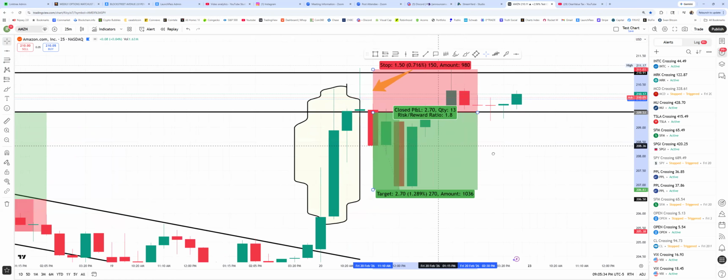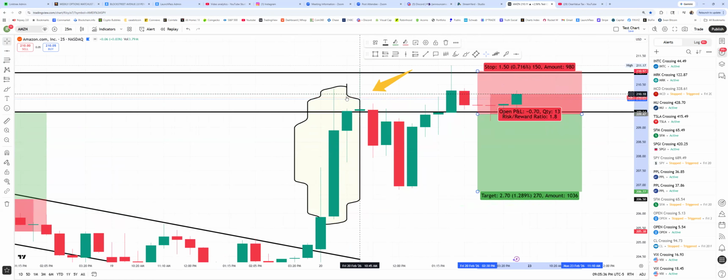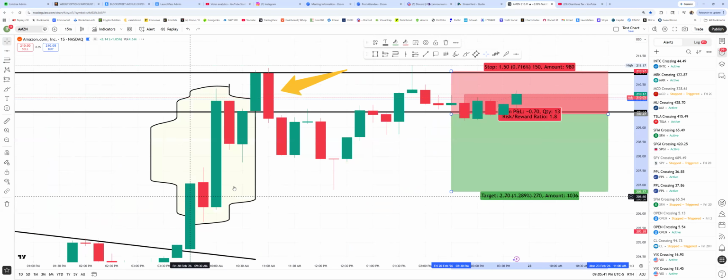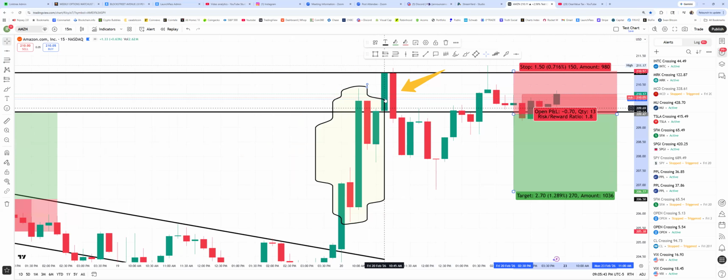So it's good to understand the effect, even if you don't see it as a pin bar. You know that when you have a large bullish candle like this, followed by a bearish engulfing at the high, it has the effect of a pin bar.